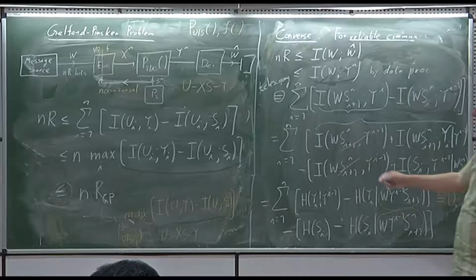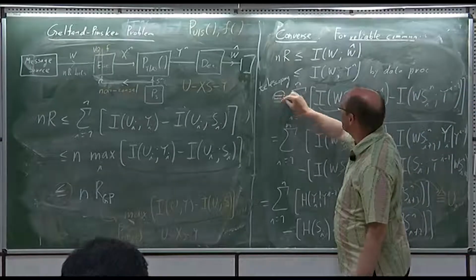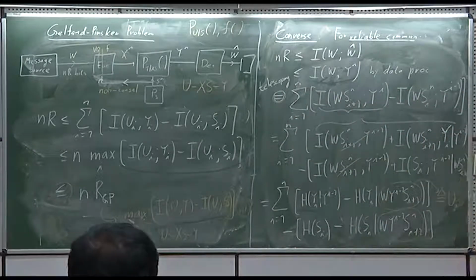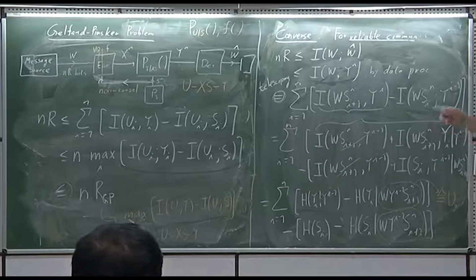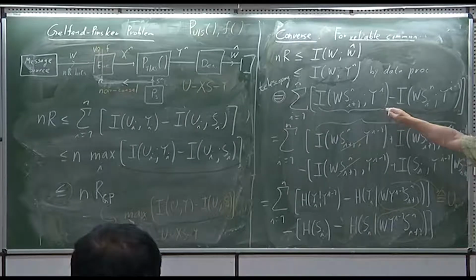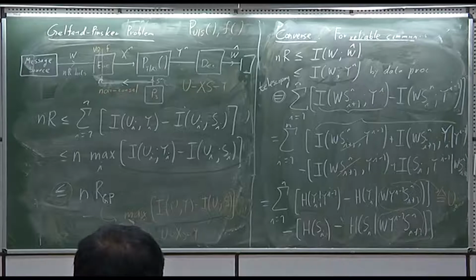The hardest part, well, there were some tricky parts. The telescoping sum certainly isn't obvious. In almost all books and papers, as I mentioned, they use the Csiszár sum identity. The Csiszár sum identity is really easy to prove with telescoping. I think it's the easiest way to understand it.